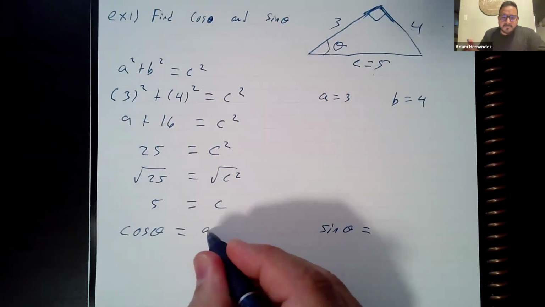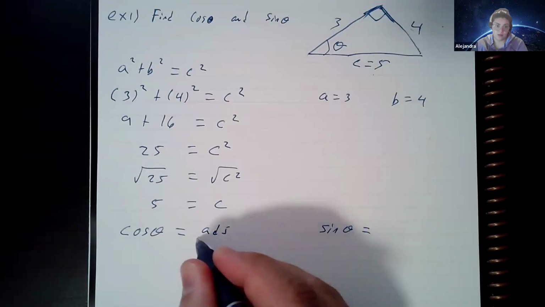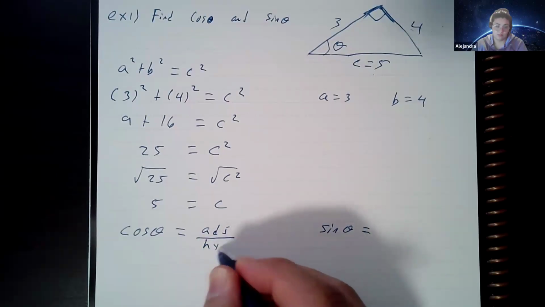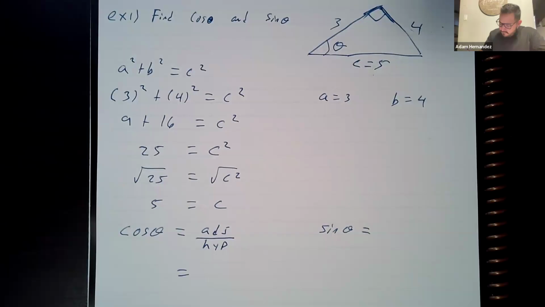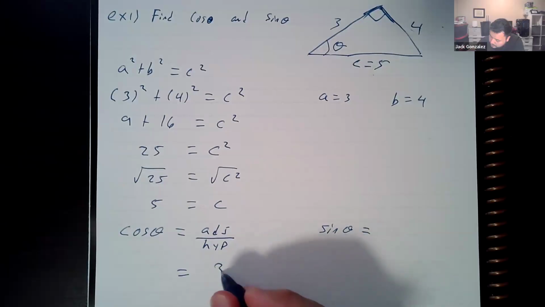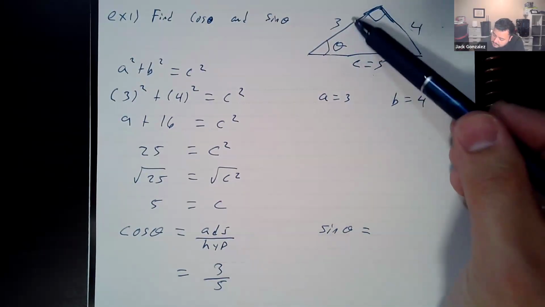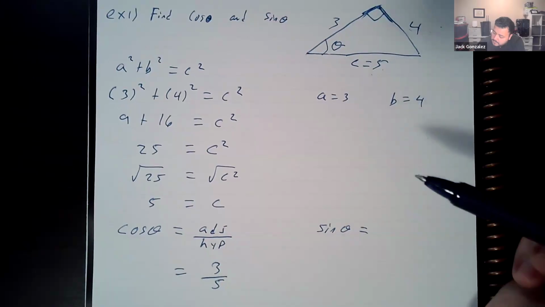Yeah, the A over H. So 3 over 5, 0.8. Yeah, so adjacent side over hypotenuse.